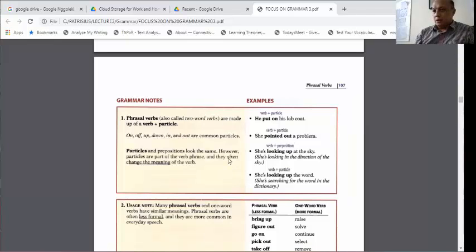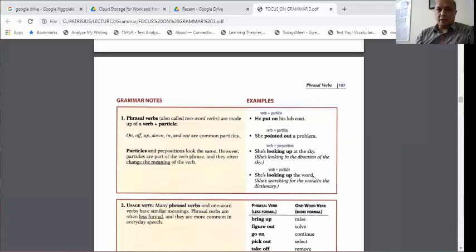Now, notice that in a phrasal verb, the meaning of the whole phrasal verb is different from the meaning of the individual word which makes up the phrasal verb. So for example, you have the word here. She is looking up the word. Now you cannot figure out the meaning by saying that looking is melihat and up is di atas.